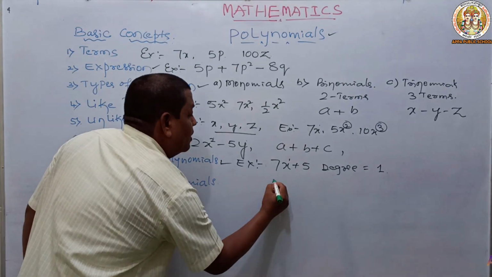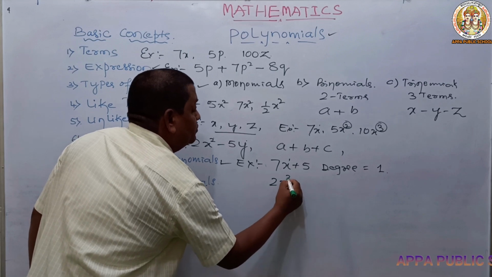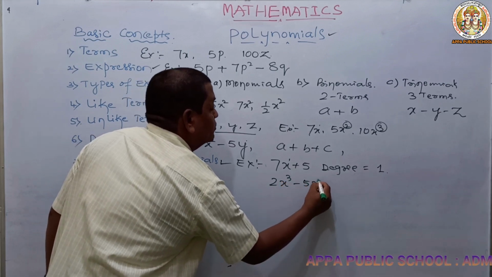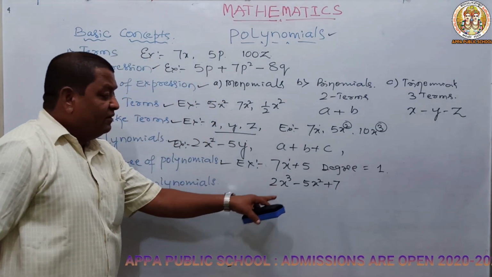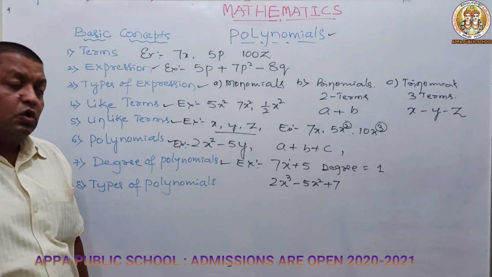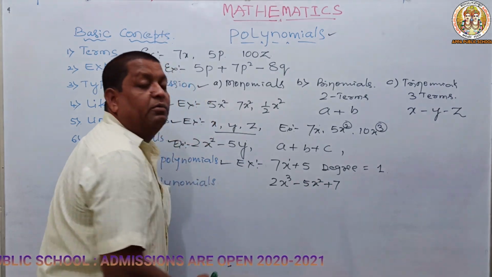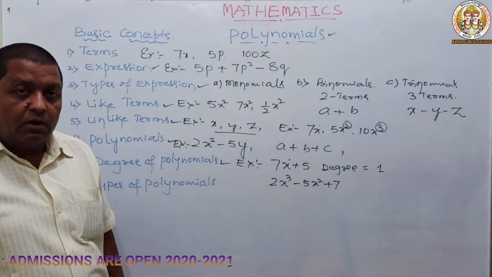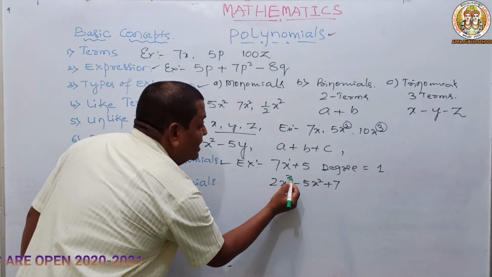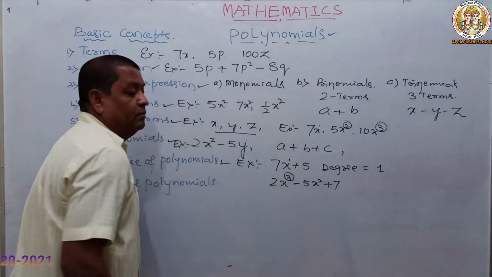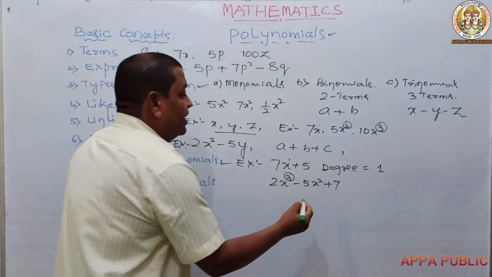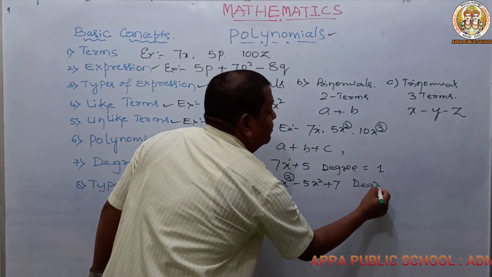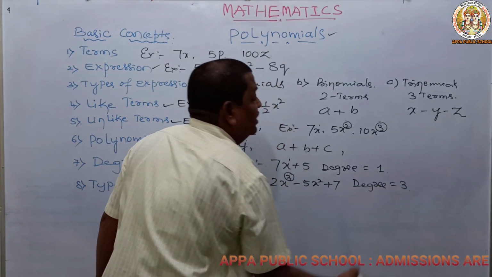Next, suppose, what is the degree of this polynomial? So here we need to see the highest power. The highest power of the variable is 3. Therefore degree is equal to 3.